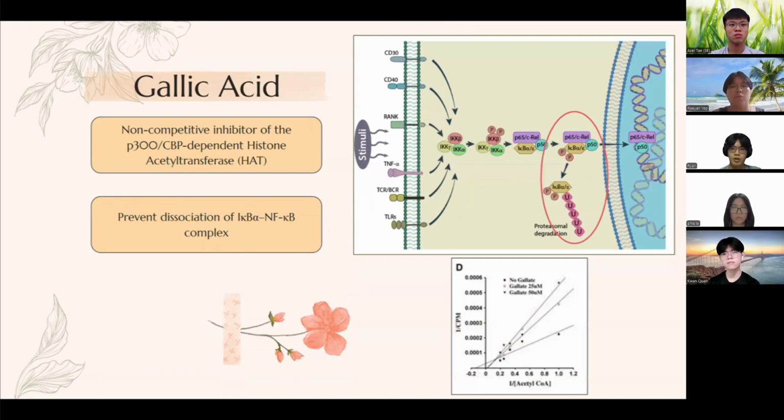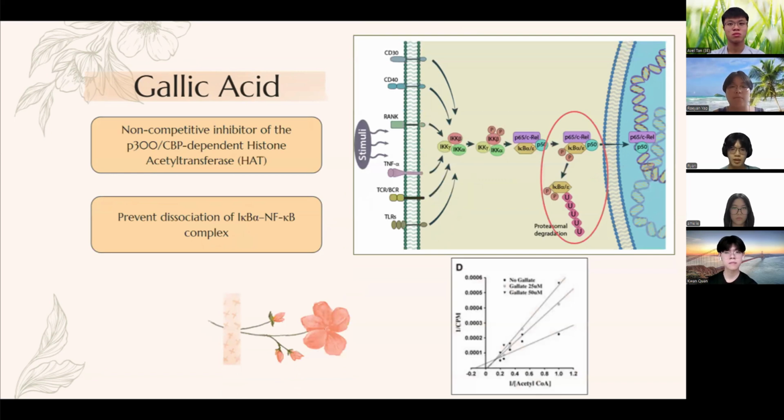Now, one section of this response pathway that is very crucial to its effect is the section that's circled in red, whereby the P65 protein has to first undergo acetylation by the P300/CBP dependent histone acetyltransferase in order for its complex to undergo dissociation.